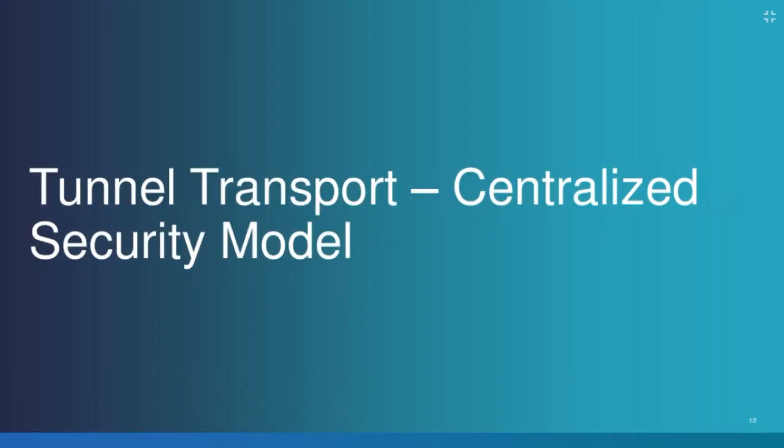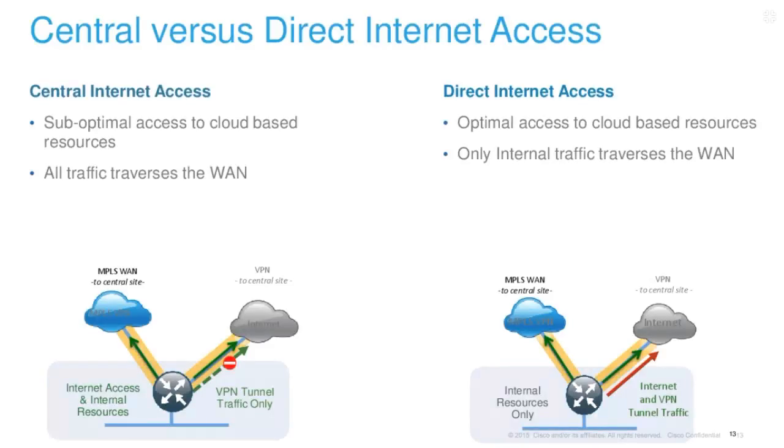Let's take a look, first of all, at the tunnel transport, or the centralized security model. In this model, over on the left, all we're using the internet for is VPN tunnel transport. We're not allowing direct internet access for the users out in the branch, and this is a more traditional security model.